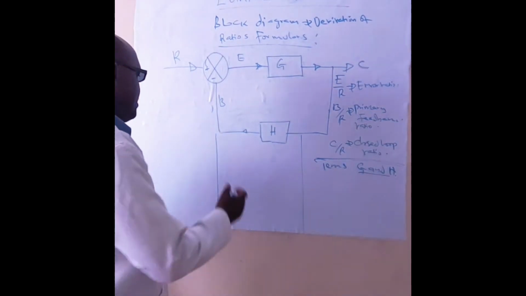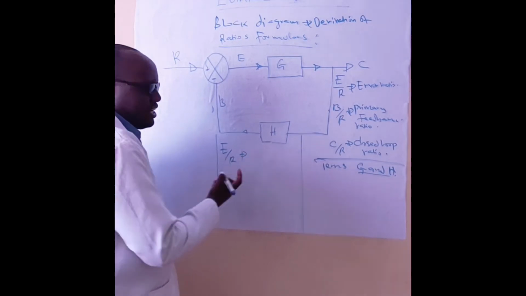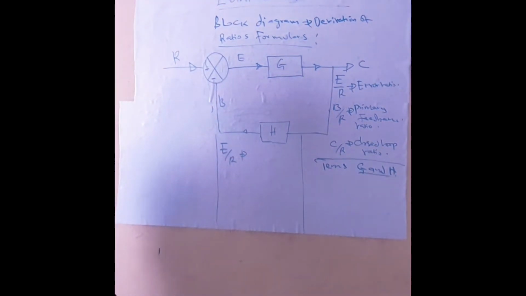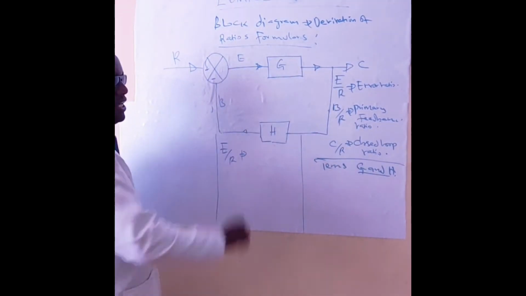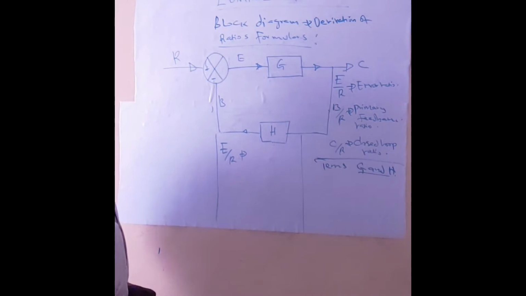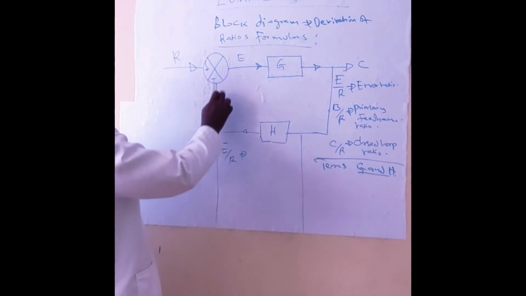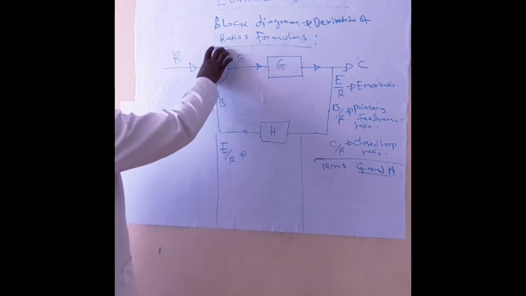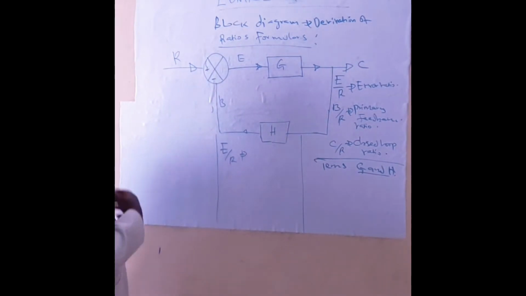When you're deriving the error ratio, you look at the numerator, and the numerator here is E, which stands for the error signal. How do we get this error signal? We get it from here. This can be a summer or it can be a comparator.